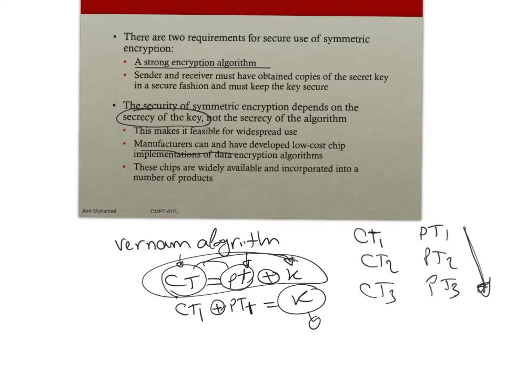Everyone on the internet can actually use it. So these chips are also widely available and incorporated into a number of products, and that's why on our cell phones, you might find that the encryption chips are manufactured by a certain organization or vendor, and this chip can be embedded or integrated in iPhones, in Galaxy phones, in all types of phones.